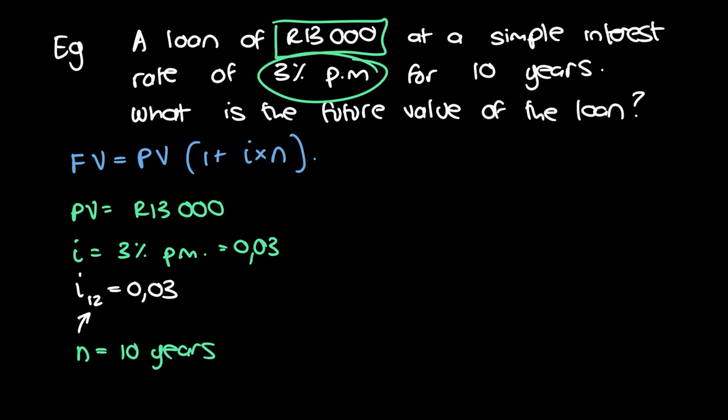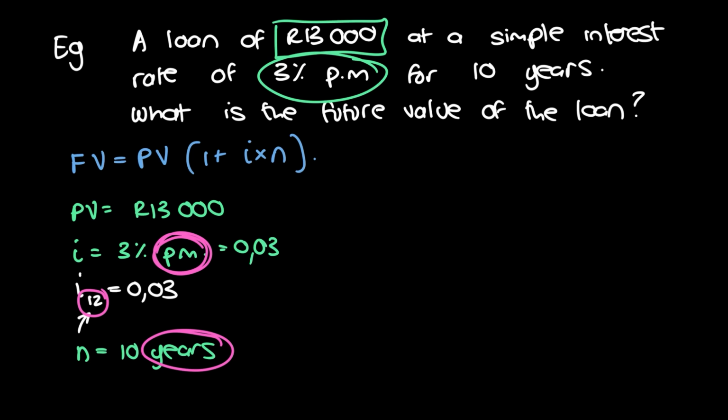So right now it does not coincide with the interest. You would see that's months and that's years. It doesn't coincide. Or if you write it out with the I subscript, you would also see it doesn't coincide there either. If the interest were per annum, we would have I subscript 1.